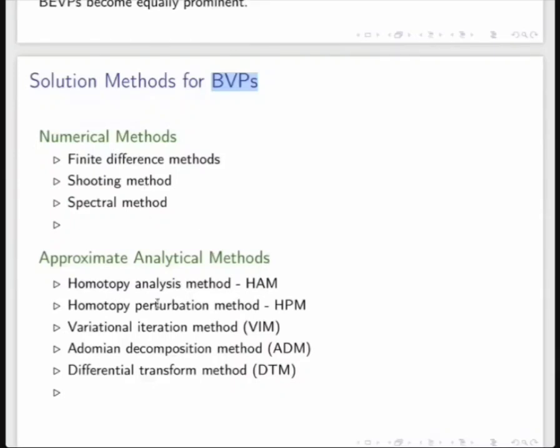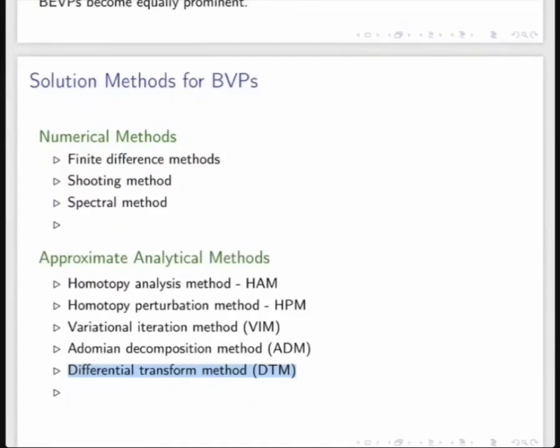And all these, which handle boundary value problems, can be suitably altered to handle our boundary eigenvalue problems. All right. So I will show how this differential transform method, which is used for solving initial and boundary value problems, could be implemented for the case of boundary eigenvalue problem.